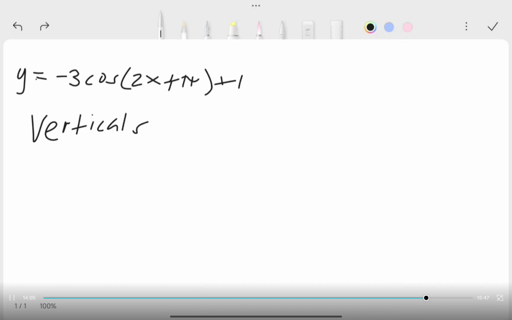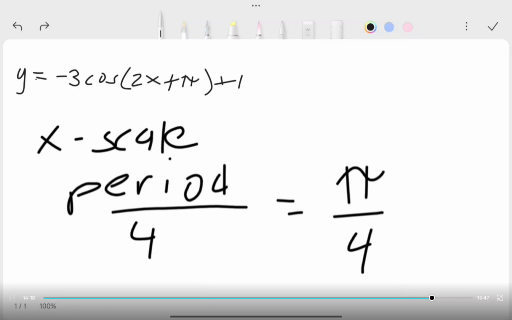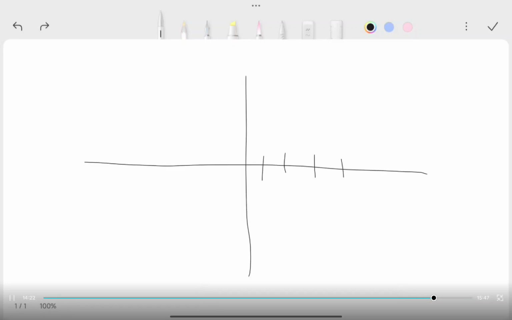Our vertical shift is simply the 1, so y is equal to 1, or 1 up. Again, our x scale is pi over 4. So our graph is, let's plot the x scale first, the positive x scale.